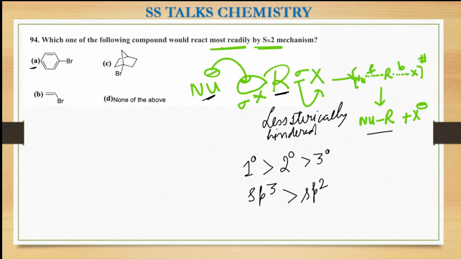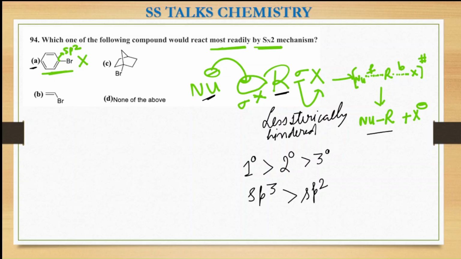In the first molecule, they have given bromobenzene, and the carbon center present over here is an sp2 carbon center, and on an sp2 carbon center we never observe nucleophilic substitution reactions. So no SN2 reaction you are going to observe in this case.